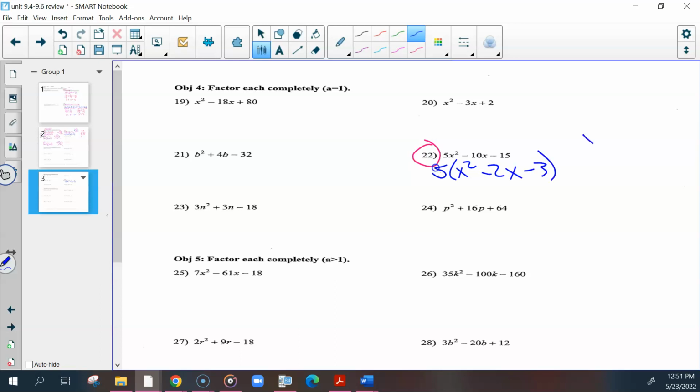So then we're looking for two numbers that multiply to be -3, but add to be -2. Which numbers will work? 3 and 1. But in this case, the 3 would be negative. So we have 5 times x minus 3, x plus 1.